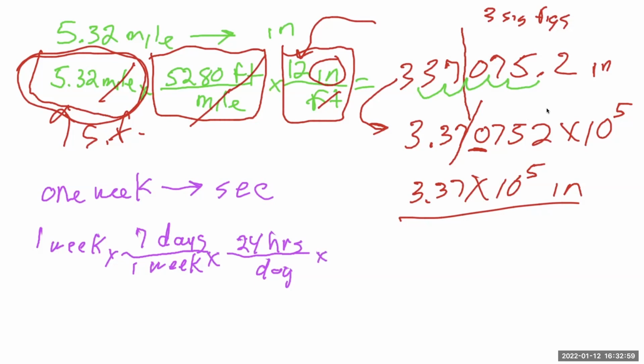I know for every hour, there's 60 minutes. So every 1 hour, I have 60 minutes. Okay. And minutes, I can go to seconds because there's 60 seconds in every minute.